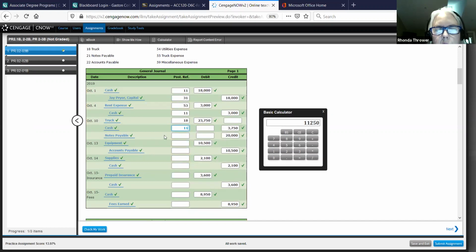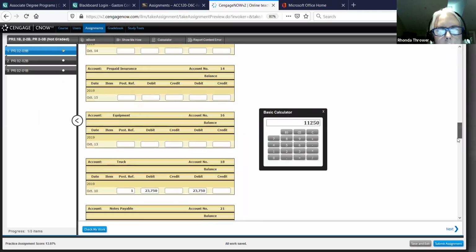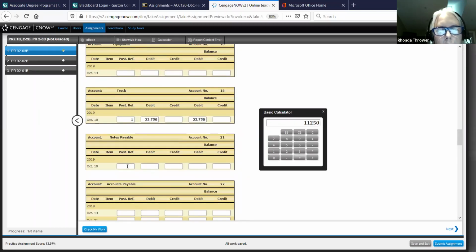And then I've got another credit for $20,000 to my notes payable. I'm going to look for notes payable. Notes payable, the post reference comes from journal page 1. I have a credit to my notes payable of $20,000. That's what I copied from my journal above, because notes payable is a liability. It increases on the credit side.